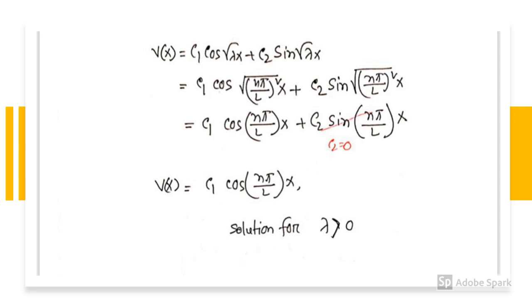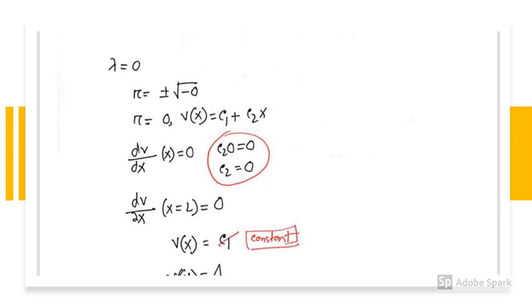So V(x) equals C1 cos root over lambda x plus C2 sin root over lambda x, according to the previous equation. With root over lambda equal to n pi divided by L, we get C1 cos (n pi divided by L) x plus C2 sin (n pi divided by L) x. Then finally, because we know C2 equals 0, V(x) equals C1 cos n pi divided by L times x.